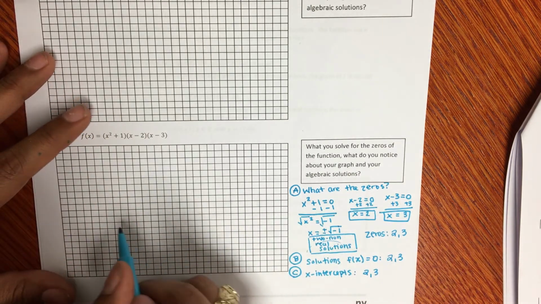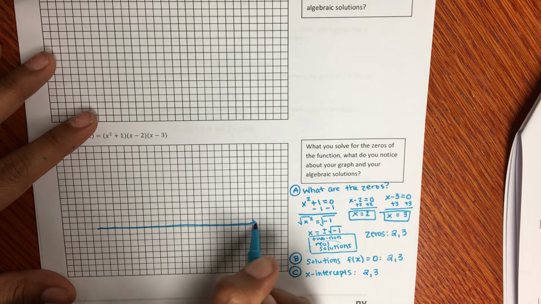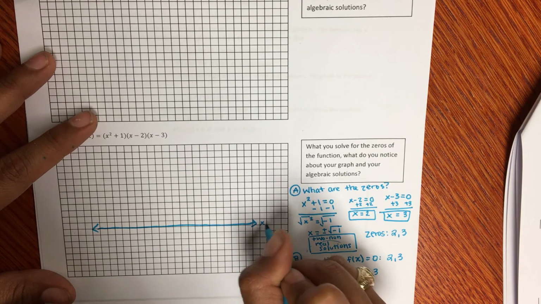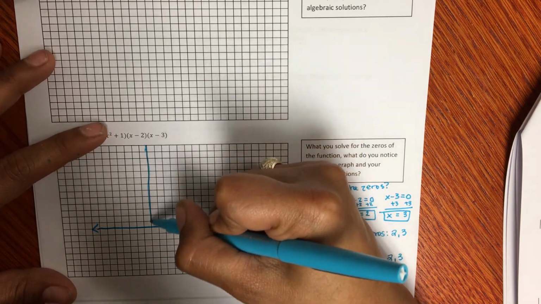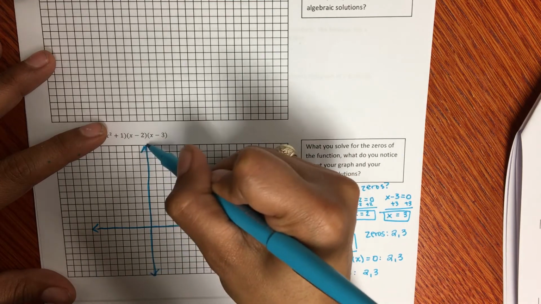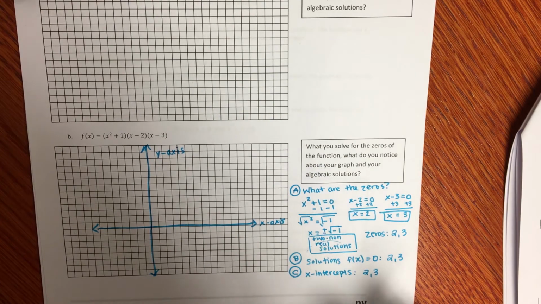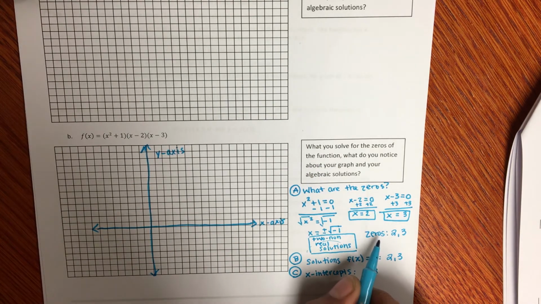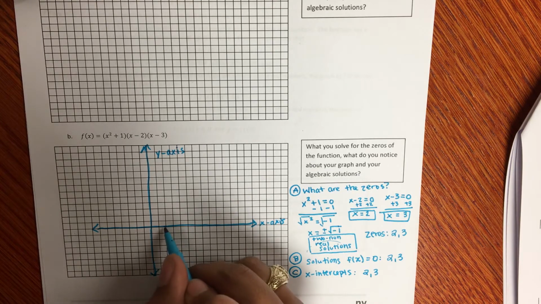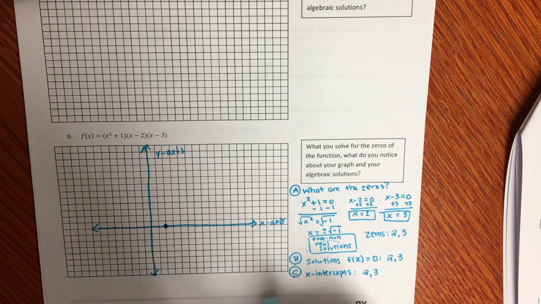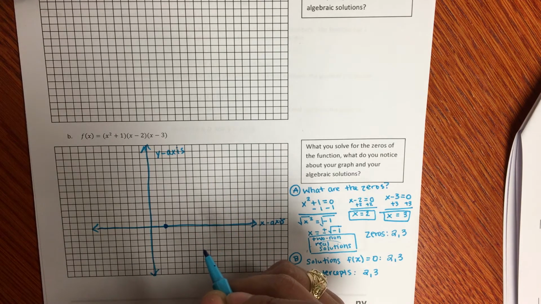So if I were to roughly sketch this, I'll draw my x-axis and my y-axis. Okay, so I know I have solutions or zeros also at 2 and 3.